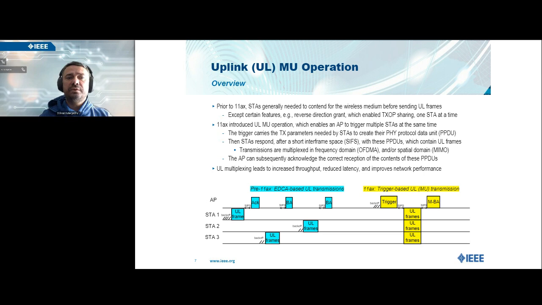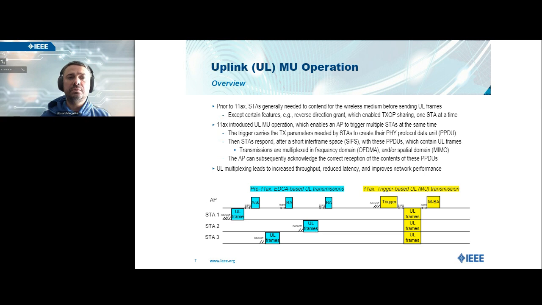As a conclusion of the exchange, the access point may then acknowledge the correct reception of the contents of these PPDUs, of course, if any of the contents is received correctly. Uplink multiplexing leads to increased throughput, reduced latency and improved network performance due to packing multiple transmissions in the same time.